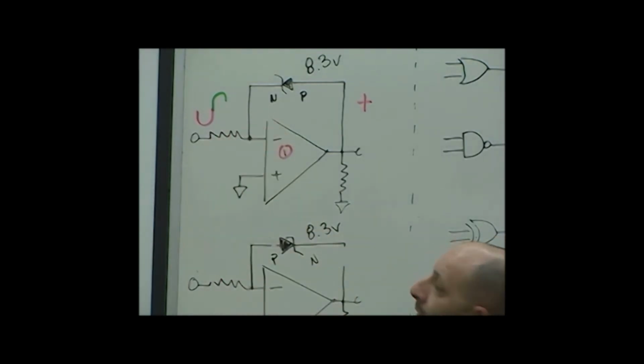More negative on N. I'm gonna make that Zener do what? Actually make it conduct, aren't we? Yeah. Or cause it to forward bias.